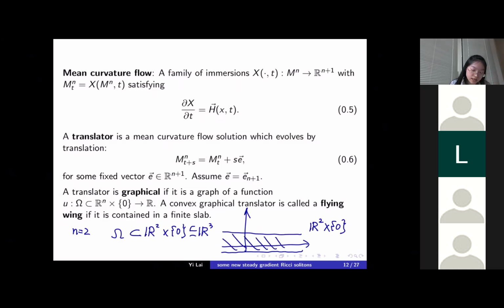This is a finite slab: y has absolute value bounded above by some constant, and x is any real number. So omega is such a domain, across, of course, z equals 0 in this case. Does that answer your question?